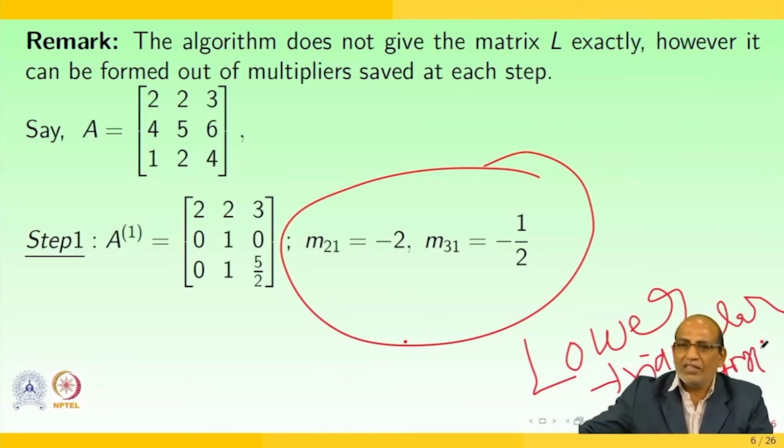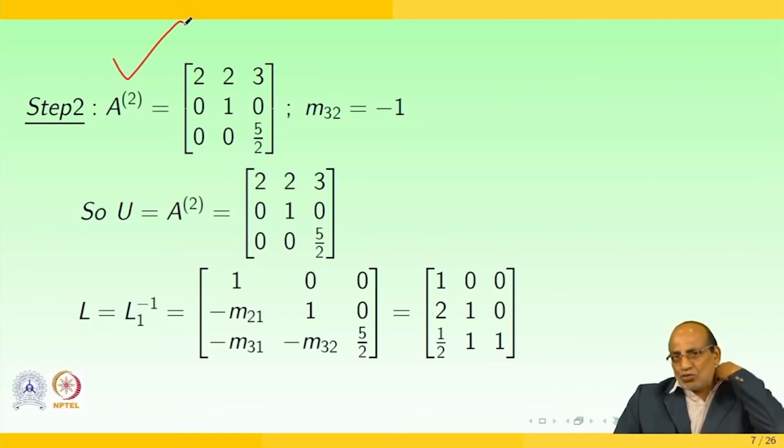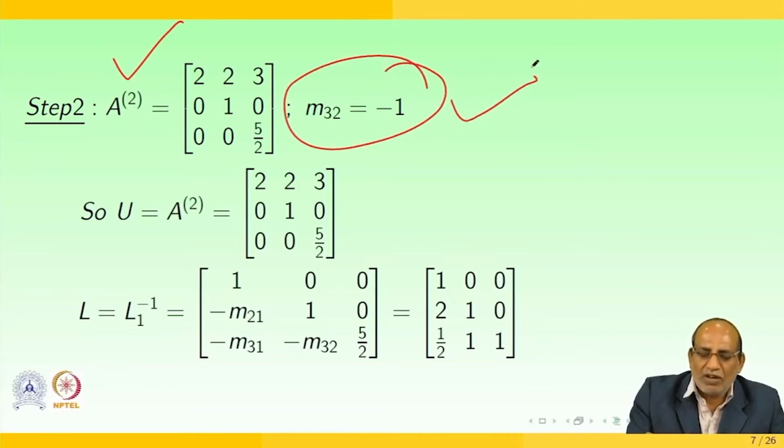Let me go ahead to the second step, A of 2. That is 2, 2, 3; 0, 1, 0; 0, 0, 5 by 2. What is the multiplier here? The multiplier here is minus 1.